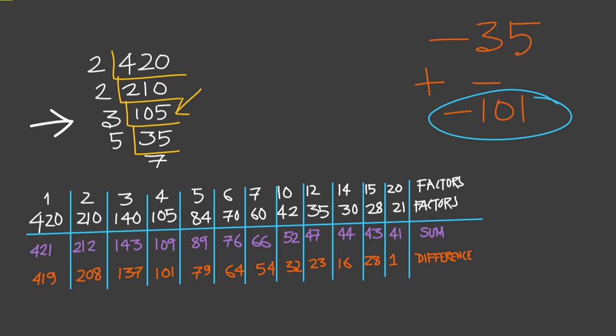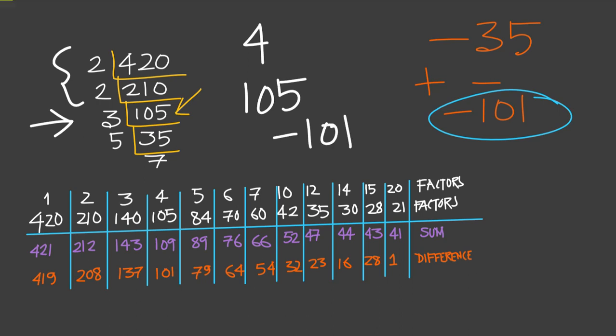So you consider the numbers above this step, you take them together. So in this step 105 occurs, hence you take the numbers above this step, that is 2 and 2. So 2 and 2 becomes 4. So 4 and 105, and we need to find the difference, right? They are opposite in signs. So what is the difference of 4 and 105? It is 101. So you could do it easily just from the factorization of 420, right?